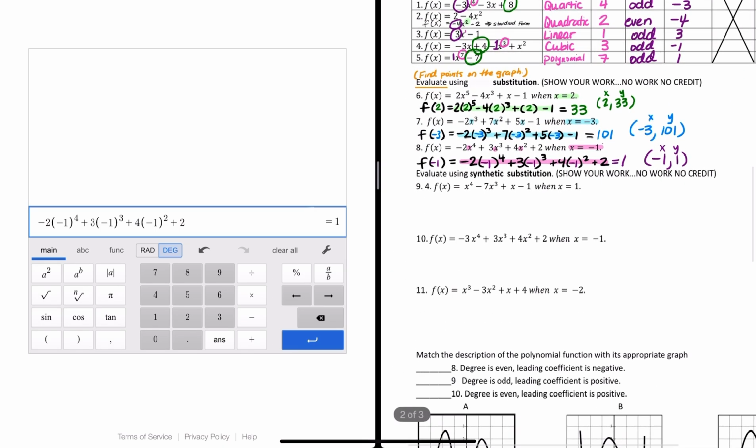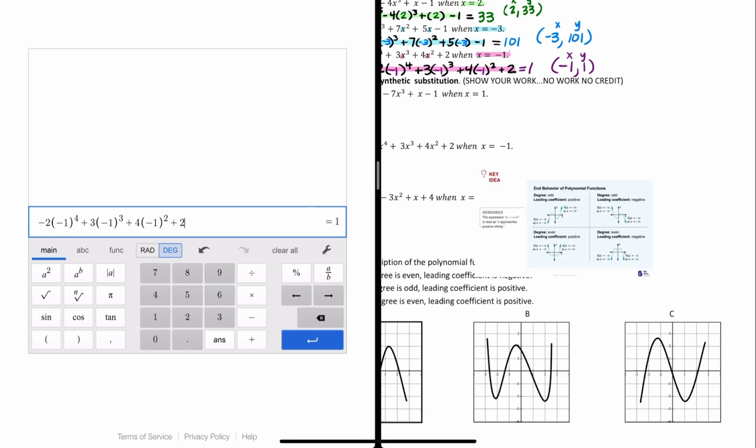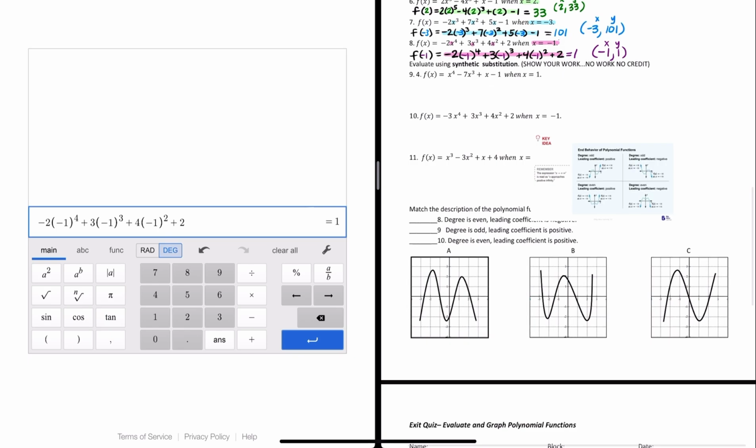Okay, we're going to go ahead and skip 9, 10, and 11 because it's just repeating exactly what we've just done back and forth.